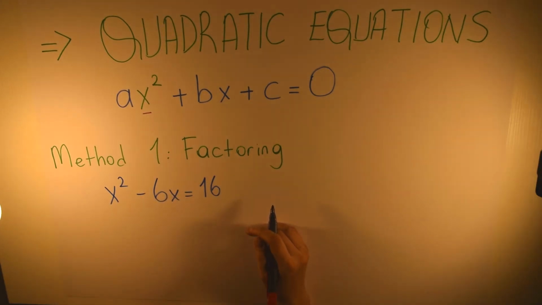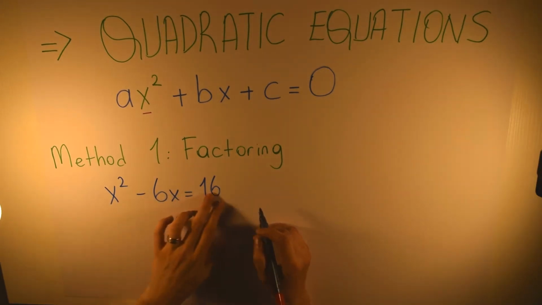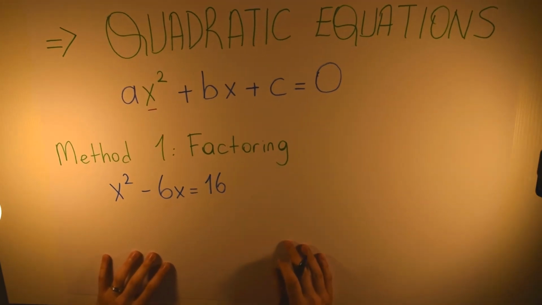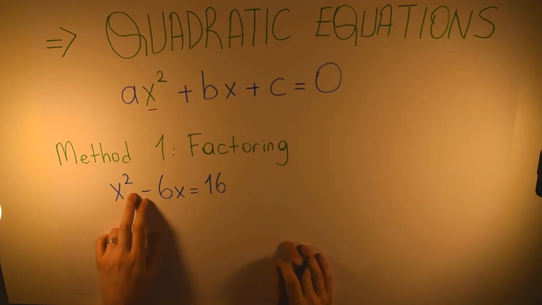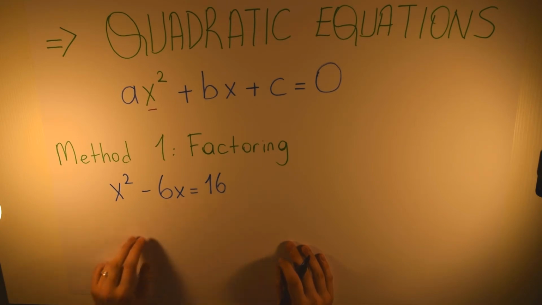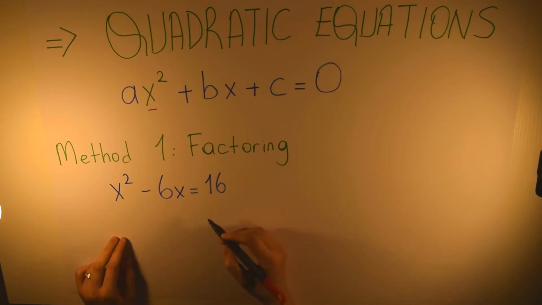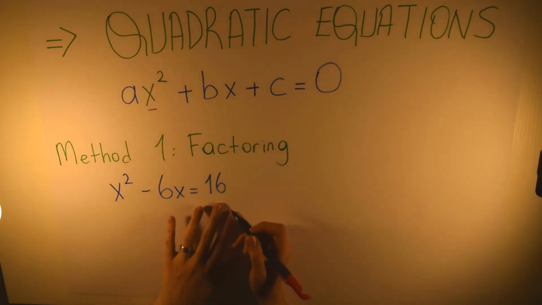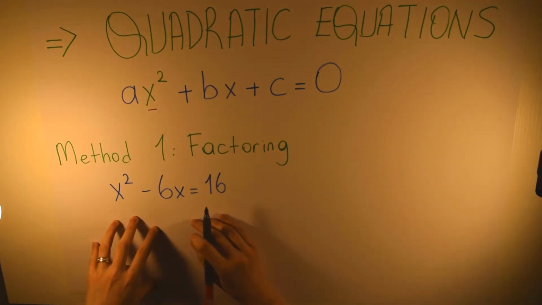What do I mean by this? Let's look at this example and you will understand better. Here we have x squared minus 6x is equal to 16, right? To factor this equation, first we should put all the values on one side and leave only 0 on the other side.